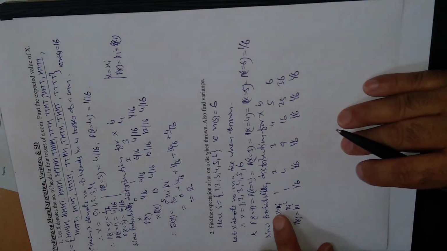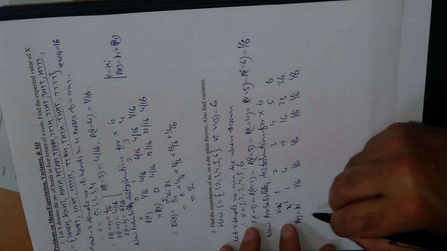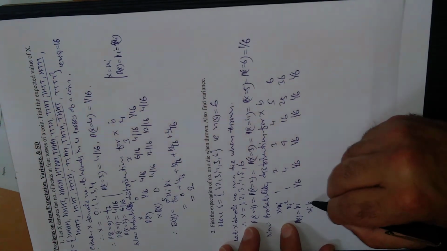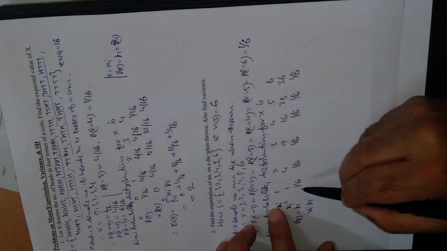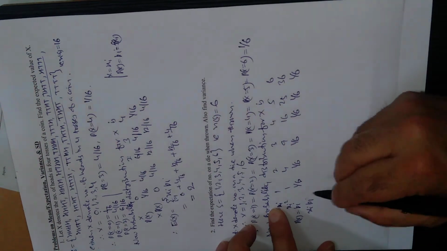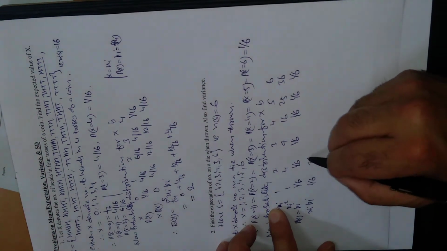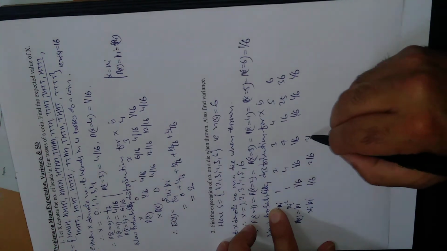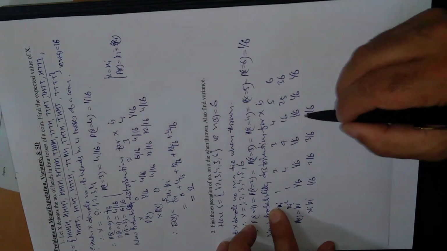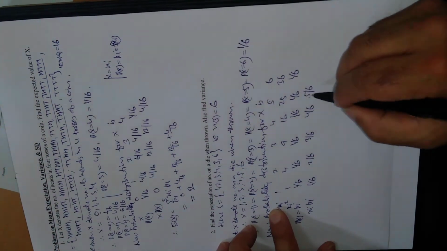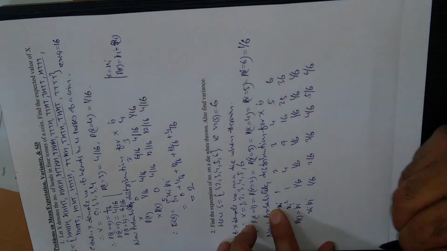Now multiply xi into pi, the first row and corresponding third row. This is 1 by 6, 2 by 6, 3 by 6, 4 by 6, 5 by 6, 6 by 6.